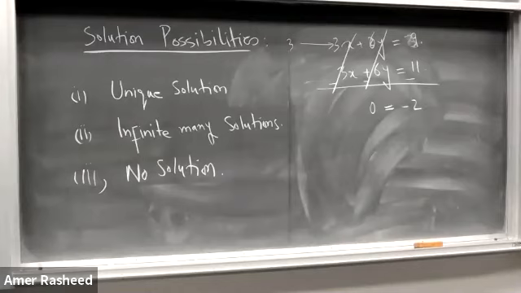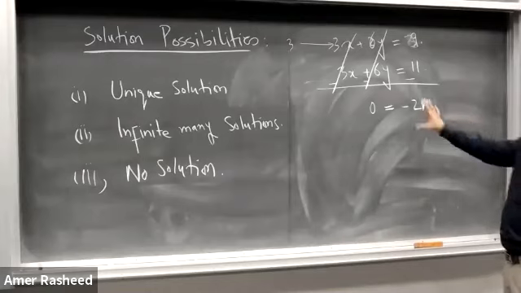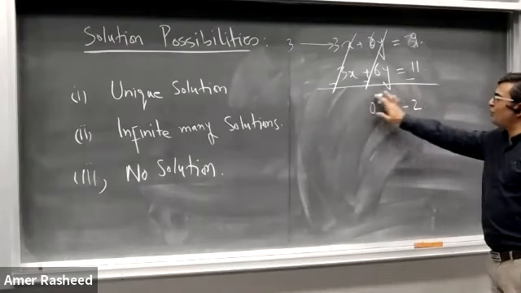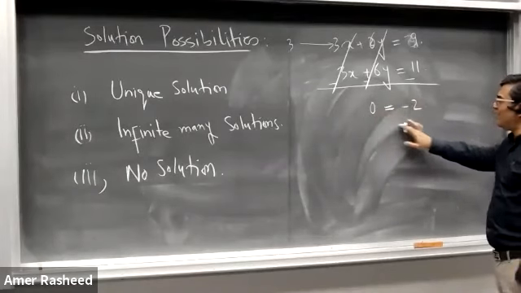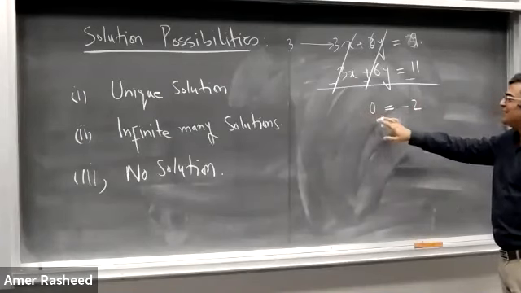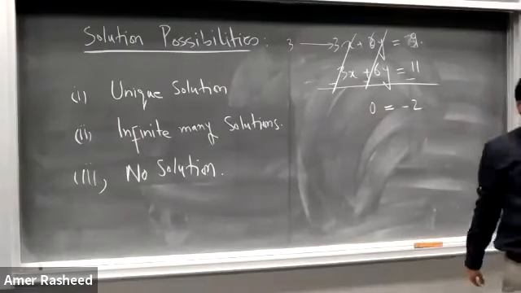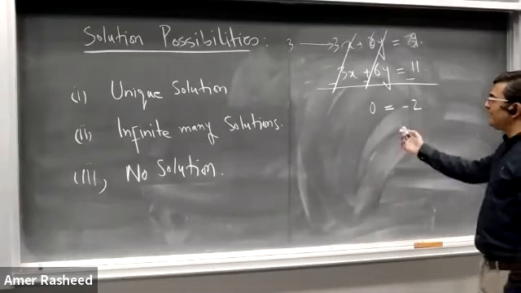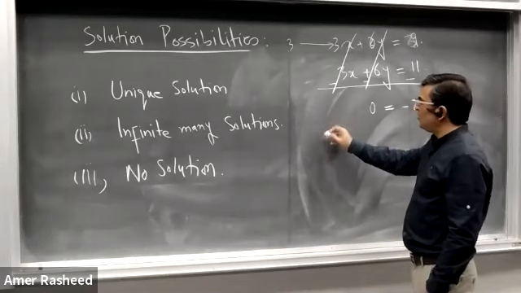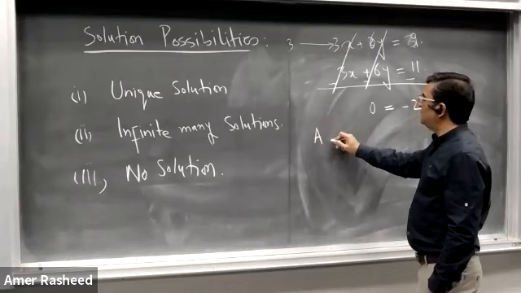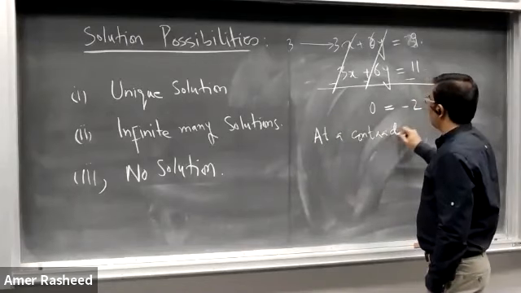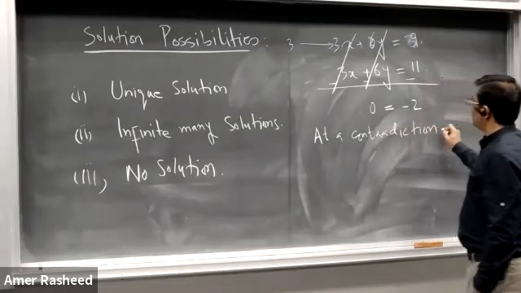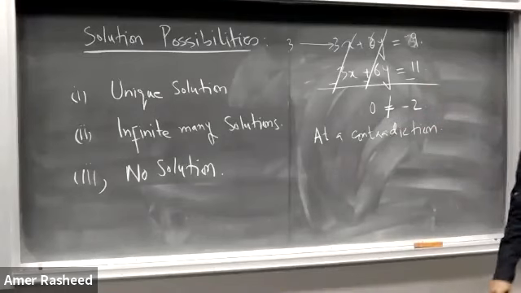So there is some kind of contradictory statement here. Okay? It's not a normal situation. 0 is equal to minus 2, which is not possible, which is a contradiction. We reach a contradiction, because 0 is not equal to minus 2.